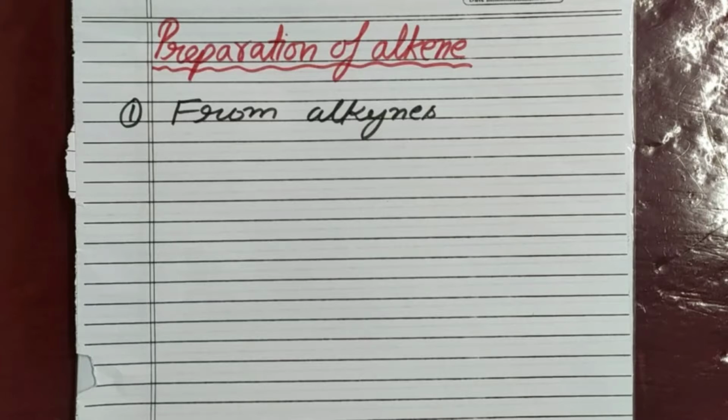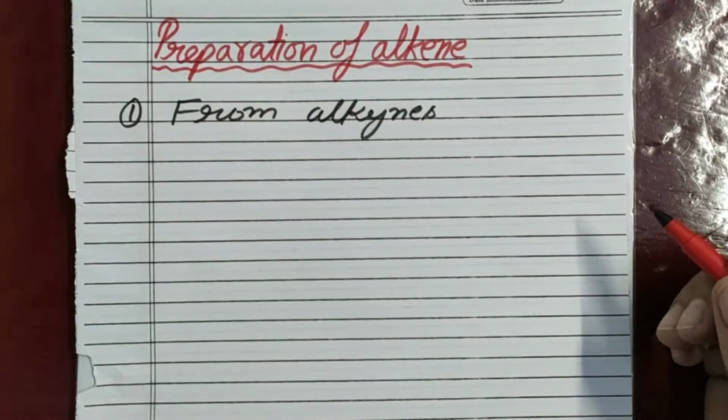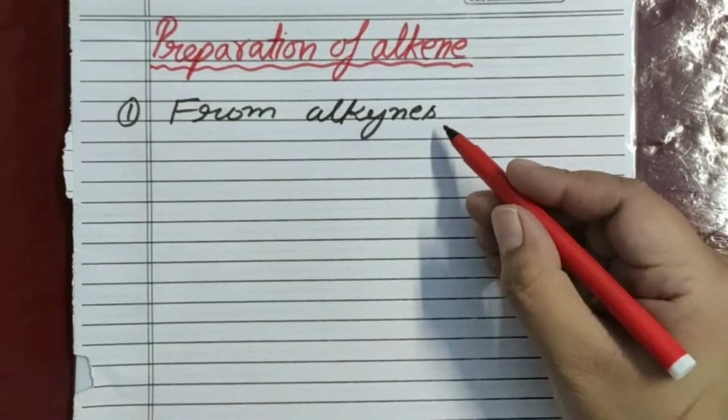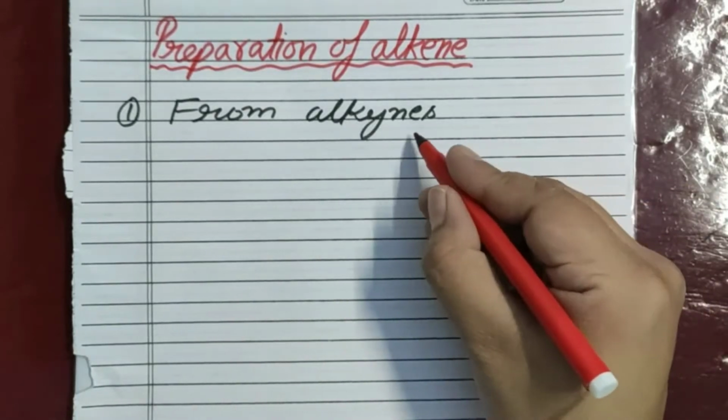This charcoal is poisoned with quinoline or sulfur compounds. This deactivated pelletized charcoal is known as Lindlar's catalyst. So we have to perform the reduction process of alkynes, the partial reduction process, in the presence of Lindlar's catalyst.